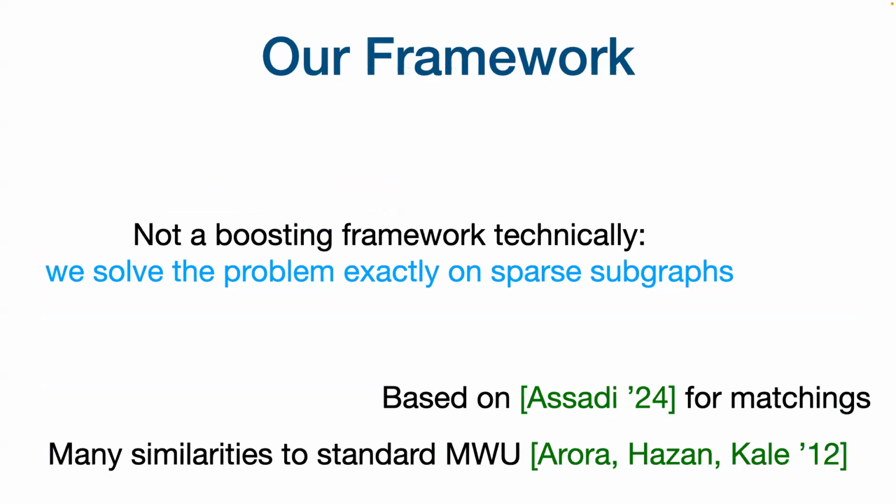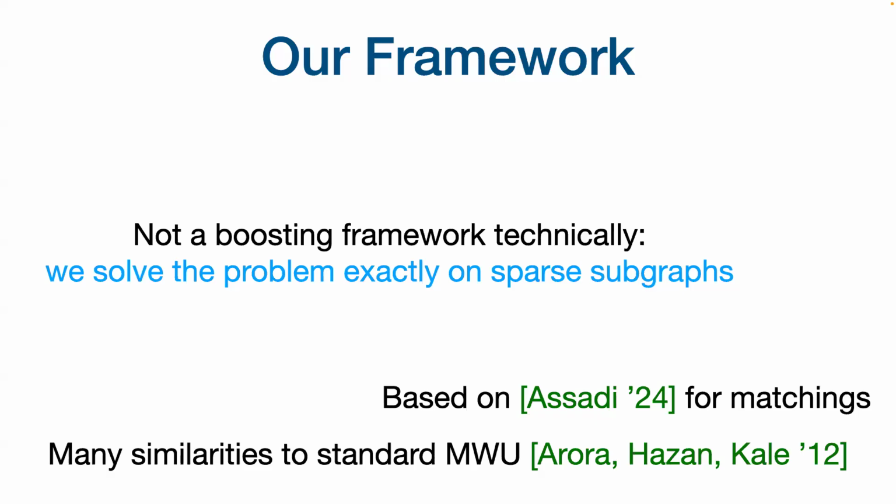But mainly what I want to say here is our work is not a boosting framework in this sense, where you have a bad approximation and you slowly make it better. You're actually trying to sparsify the graph and solve exact shortest path on fewer edges repeatedly. So the focus is always on which edges you're going to find a shortest path over and how you're sparsifying the graph in the next step and so on.